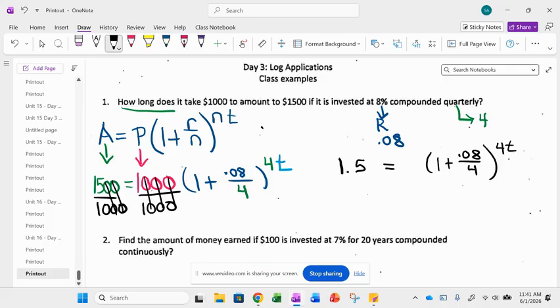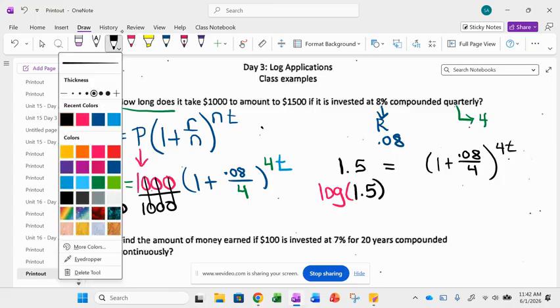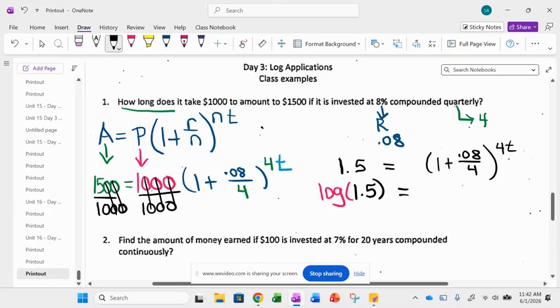Now, because it's that whole quantity raised to the 4t power, is now a good time to log both sides? Yep, it's a great time to log both sides. So I'm going to log left and log right. And when do I know what to use ln versus log? How would I know to use ln? Good. When your base is e, that's when we use ln. If the base is not e, then every other time we use log. And now I'm going to pull this 4t in the front.